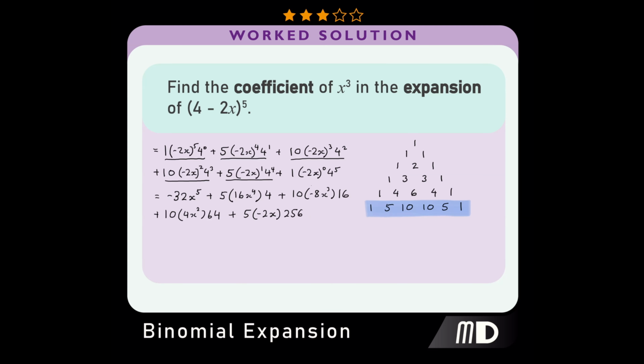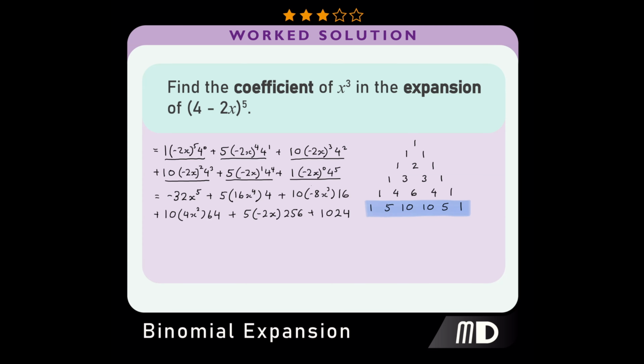And 1 multiplied by (minus 2x) to the power of 0 multiplied by 4 to the power of 5 is equal to 1024.